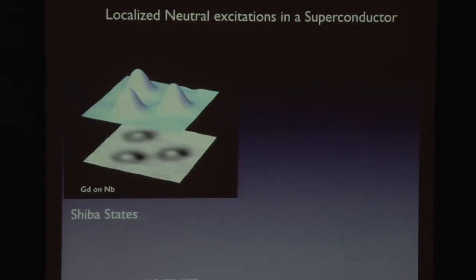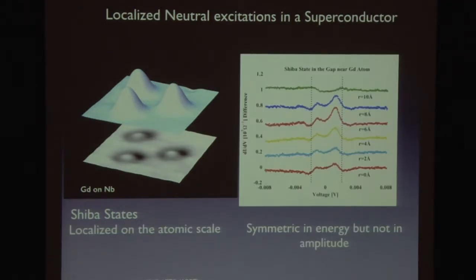And in fact, many years ago, when I had more hair on my head, I actually did this experiment where we put individual magnetic impurities on a superconductor, and we used the tunneling microscope to look around these impurities, in fact detecting these states that are living inside the superconducting gap, which are not Majoranas, but states that we call Shiba states.